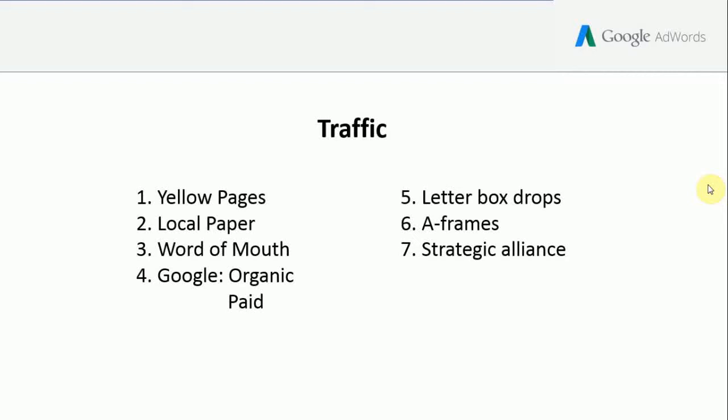So you can run everything from your mobile if that's what you wish, but get 3 or 4 1-800 numbers that forward to your mobile. So have a certain 1-800 number for yellow pages, one for the local paper, and one for Google paid traffic.